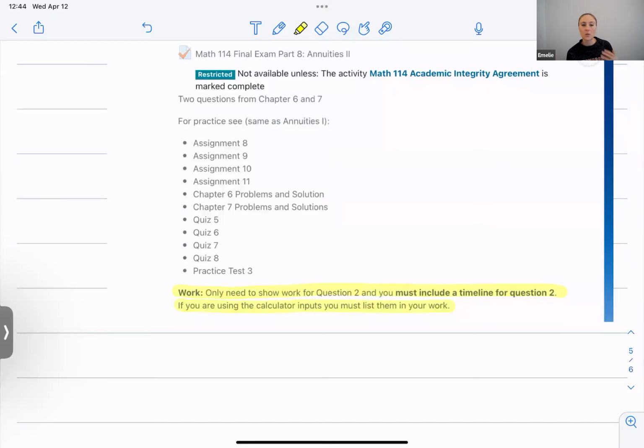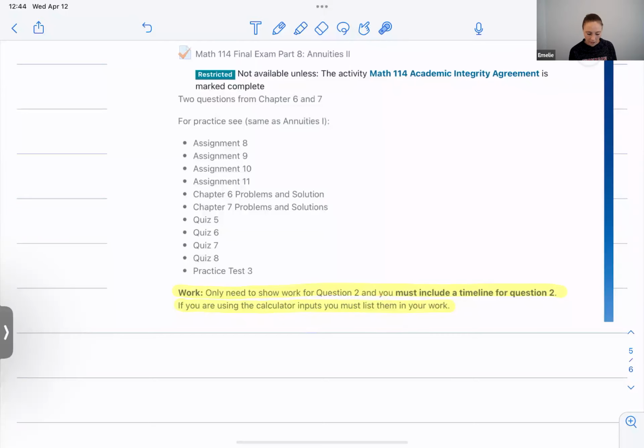So make that work to your advantage. This one's super important. You only need to show work for question 2, but you have to include a timeline for question 2. And if you're using the calculator inputs, you have to list them in your work.